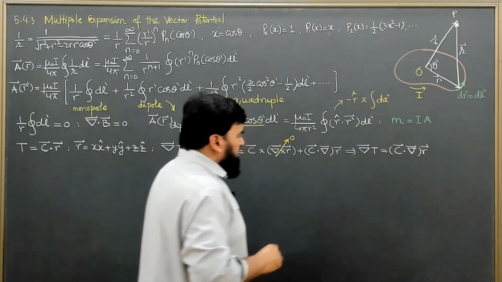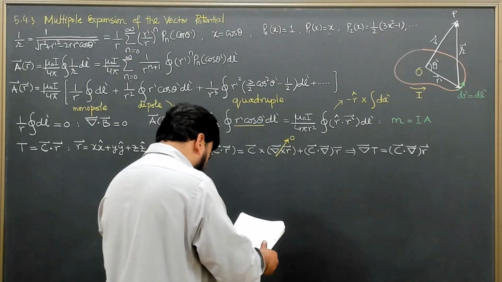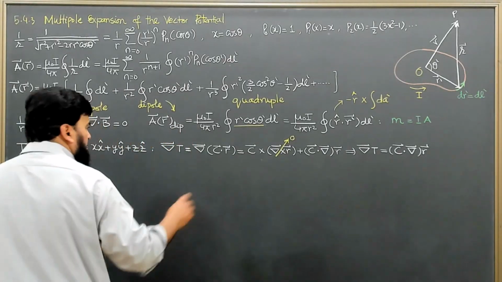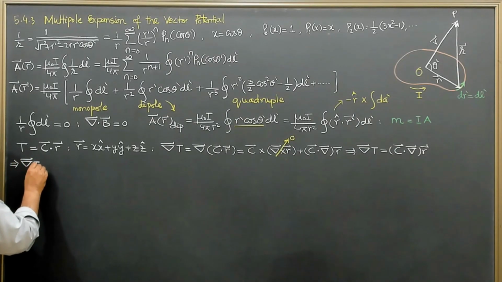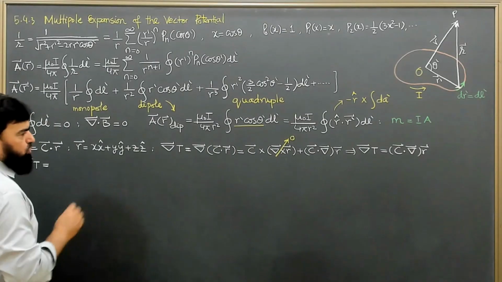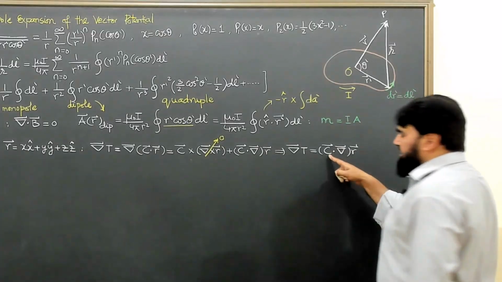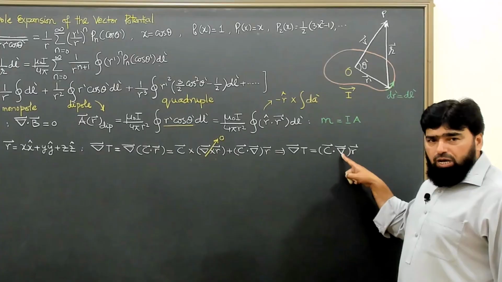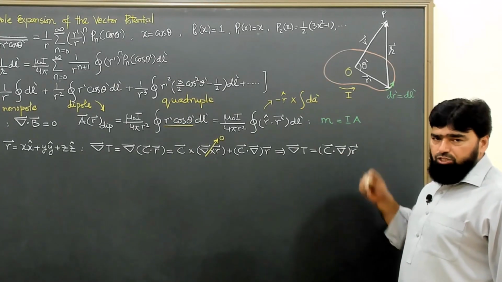So now if I want to calculate what c dot del r is, this implies that the gradient of t is equal to c dot del. c is a vector with components cx, cy, and cz, while del is partial over partial x in the x direction, similarly y and z.